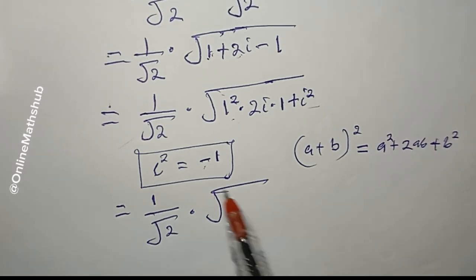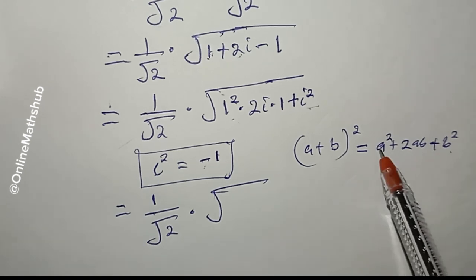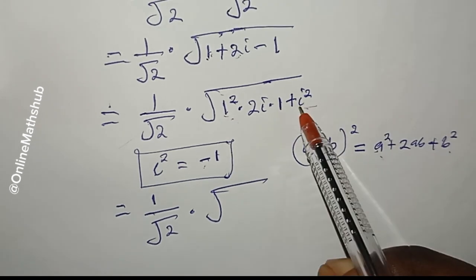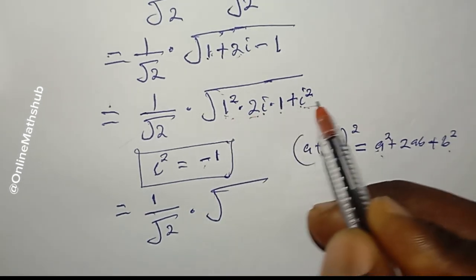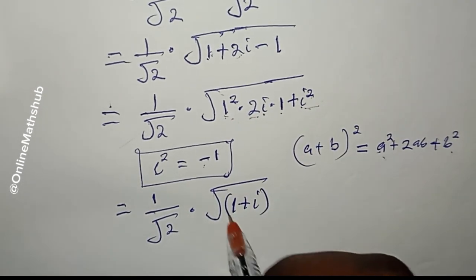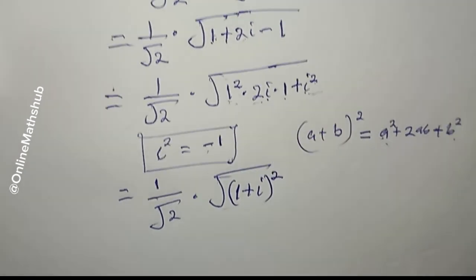In this case, if you watch very well, this is looking like this expansion where a here is 1 and b is i. I can write all of this here as (1 plus i) all raised to the power 2. So when you expand this, you'll be back to this one.